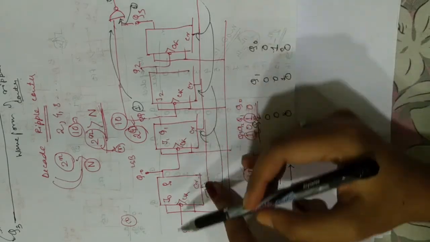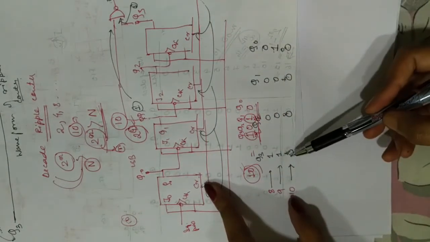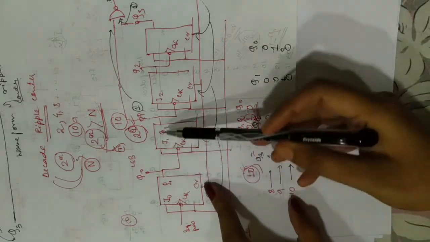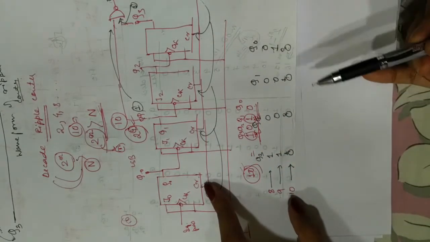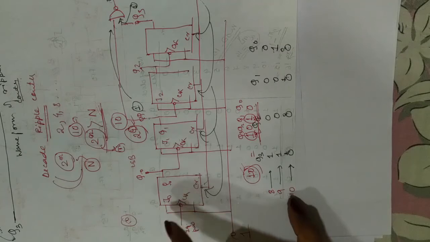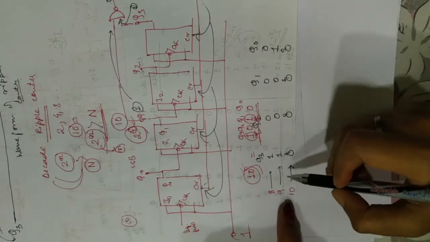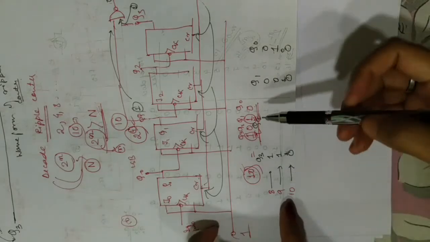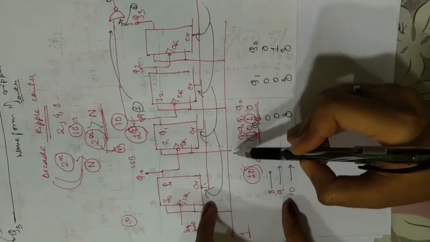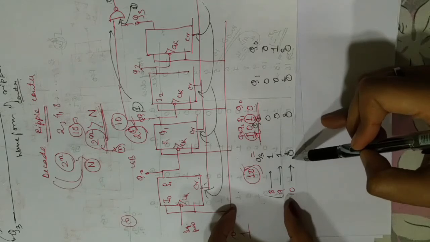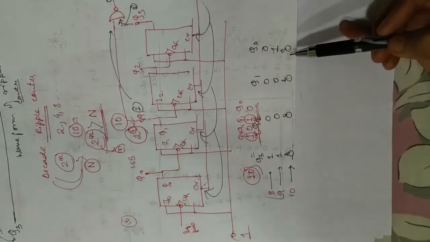So these zeros reset all the flip-flops, and immediately our outputs become 0 0 0 0, right? So after the 10th clock pulse, everything gets reset. The initial stage was 0 0 0 0, and after the 10th stage, it comes back to 0 0 0 0.